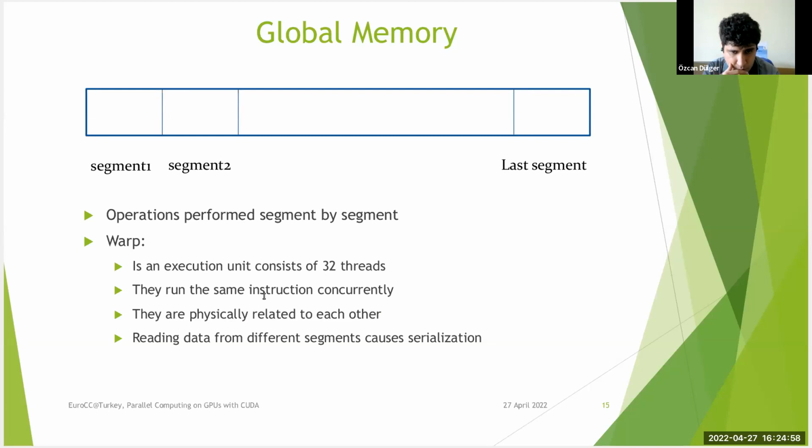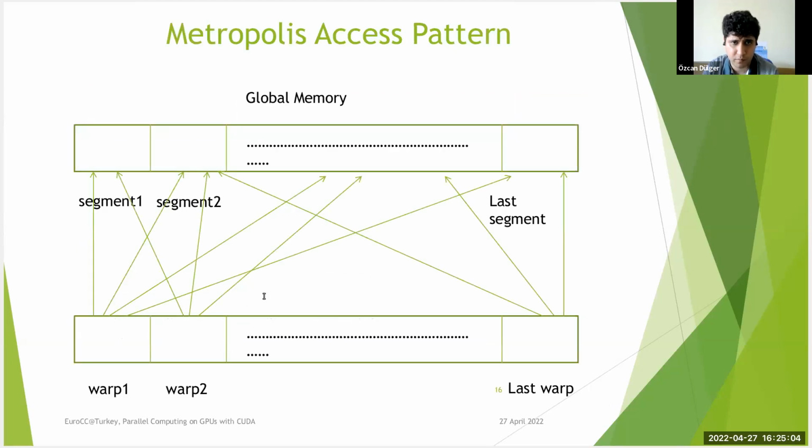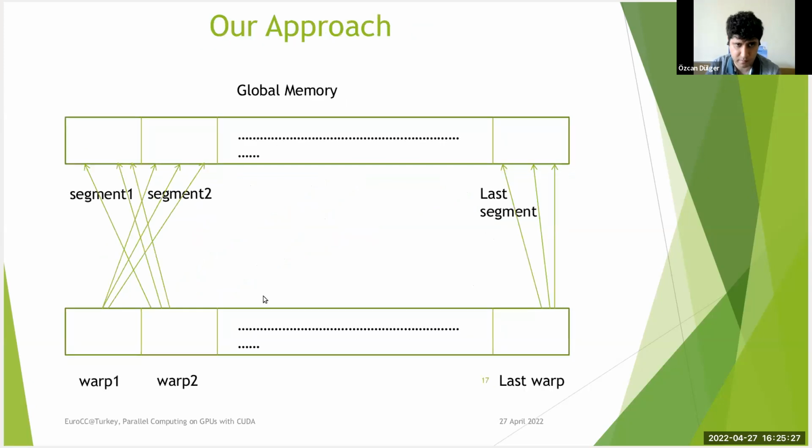This is important, as I told you before. This is the global access pattern to the global memory of Metropolis resampling. As you see, the threads in the warp access different segments of the global memory. So this causes a non-coalesced global memory access pattern for Metropolis resampling.